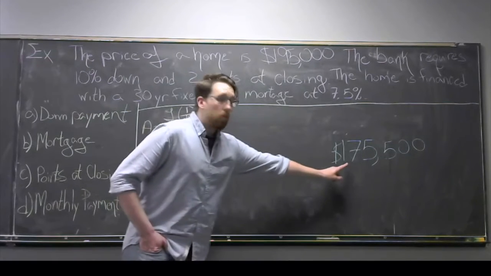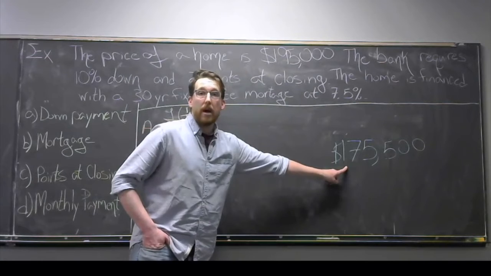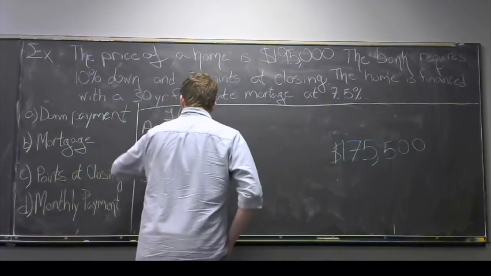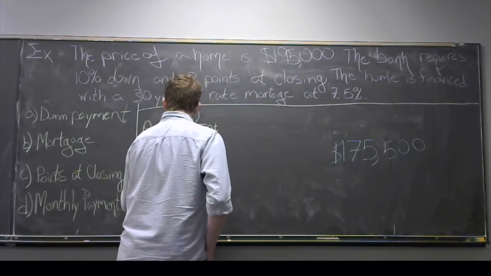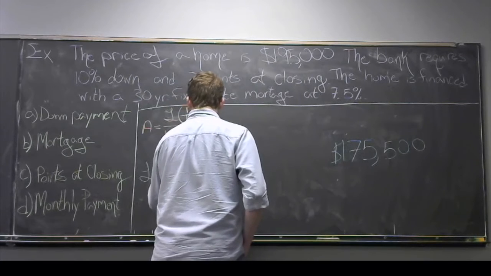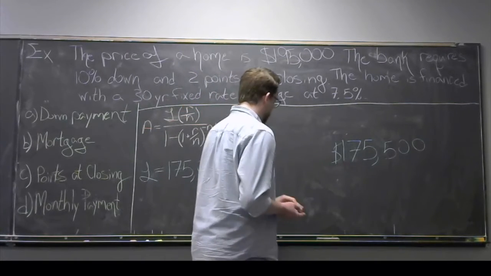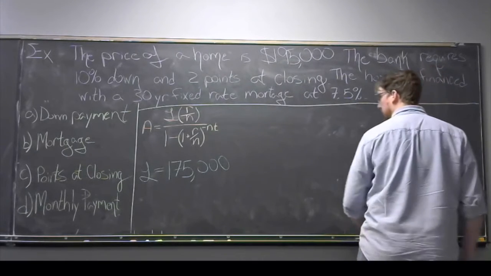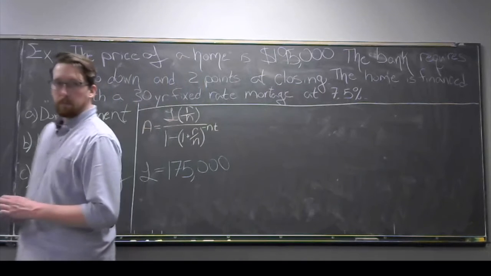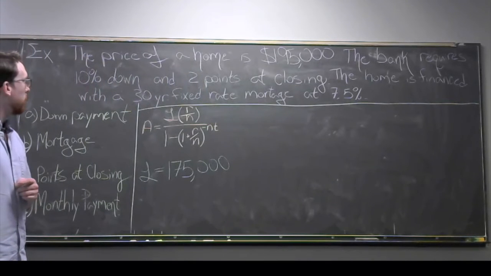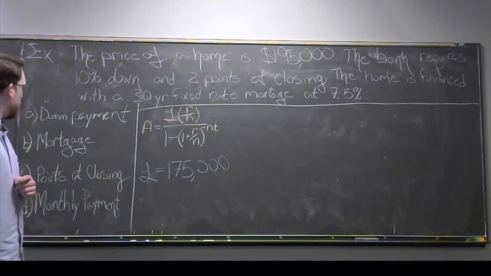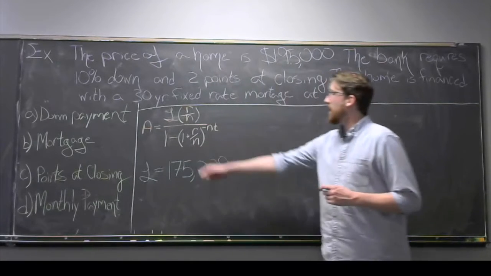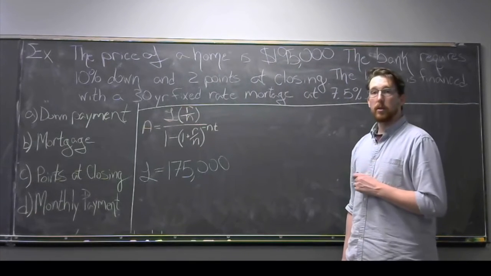But we've already figured out what the mortgage is. This is the initial loan amount. So L is equal to 175,500. We're paying this monthly, so N is going to be 12.